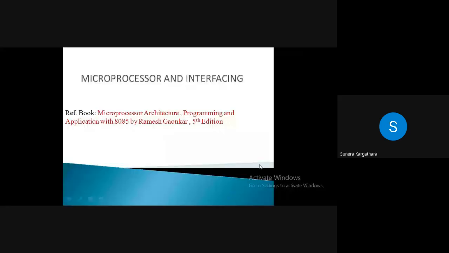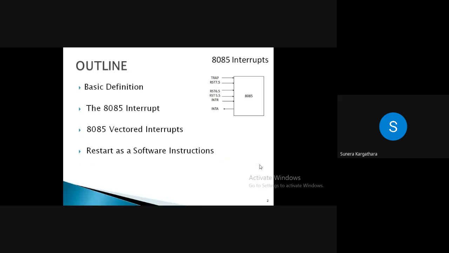Correct. So, students, in our last lecture, we had started about interrupts. We discussed how you can define an interrupt and how many basic interrupts we have in the case of 8085. In that, we discussed classification, and after that we discussed vectored and non-vectored interrupts.